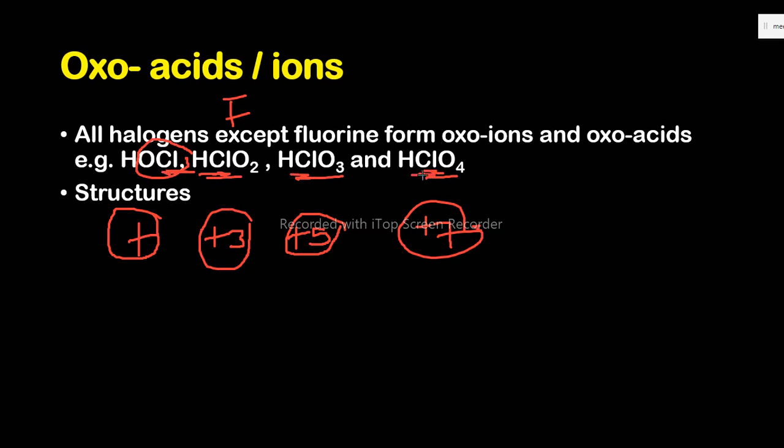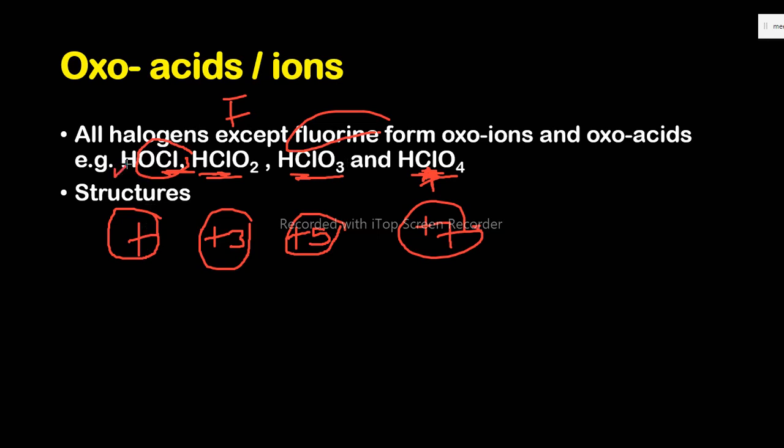It means that when these halogens react with oxygen, oxygen induces them to form positively charged ions. But fluorine, which is highly electronegative, resists that. So it won't be able to form the oxo acids.